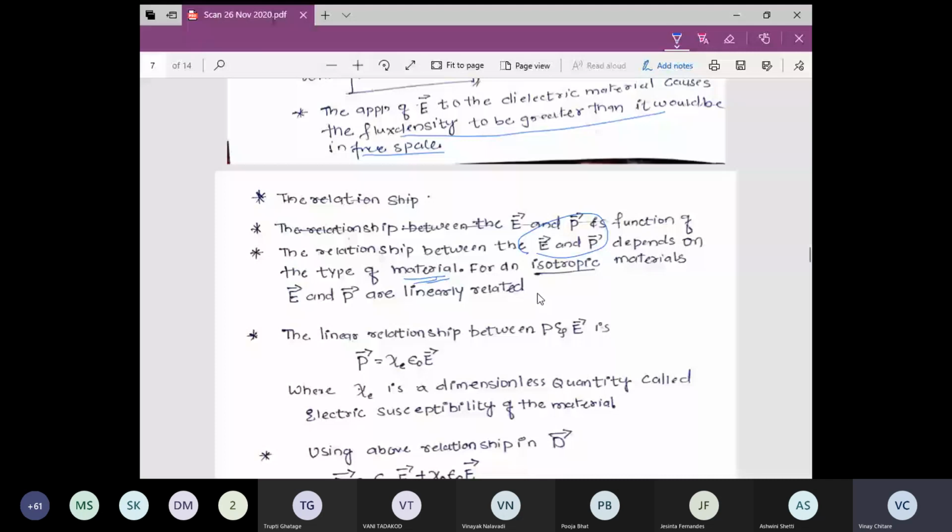For an isotropic material, E and P are linearly related, and that linear relationship is given as P equal to chi_e, a Greek letter pronounced chi, times epsilon naught times E. Here chi_e is a dimensionless quantity called the electric susceptibility of the material.